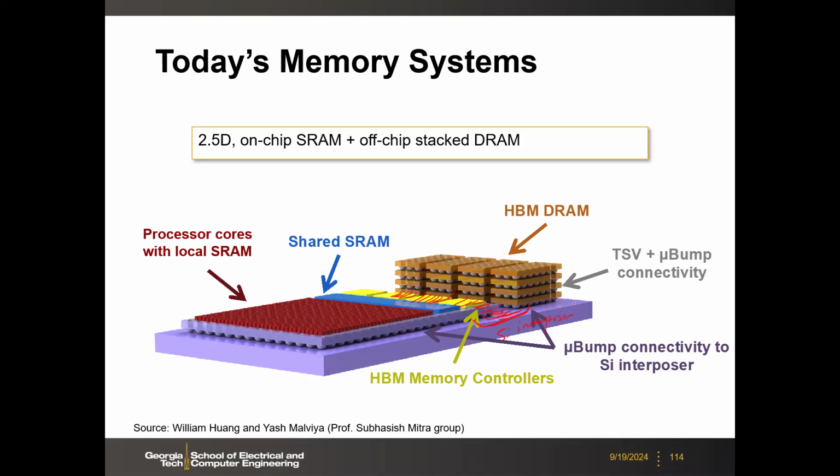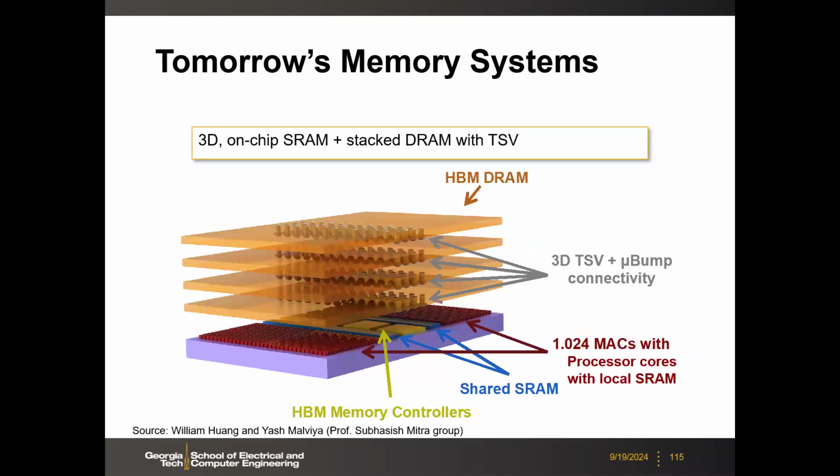We can have much denser connections, but that is not the ultimate solution, because ultimately, if you stack, the bonding pitch is much smaller, like a few micrometers, as we just saw. So this would be the future. There are many challenges.